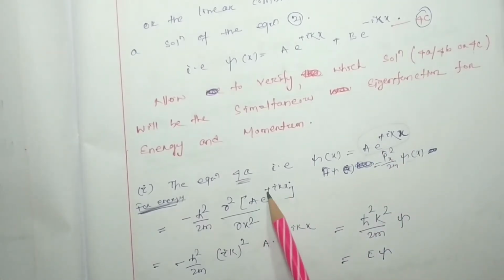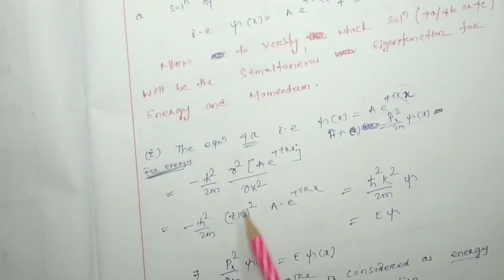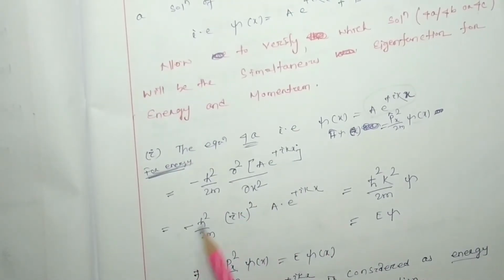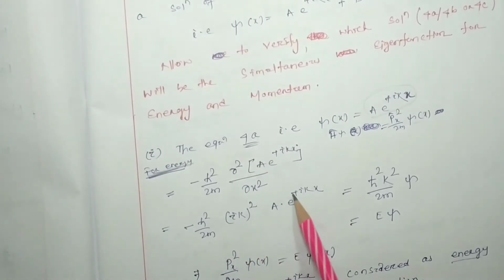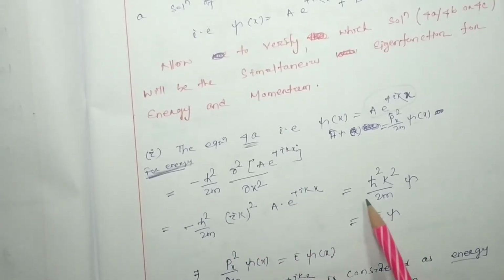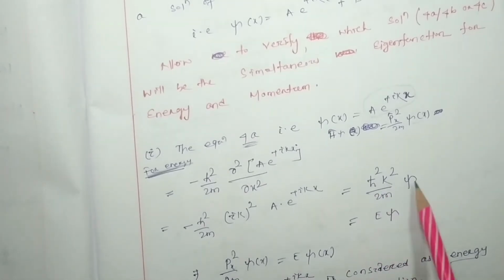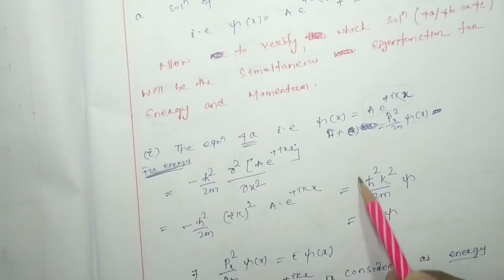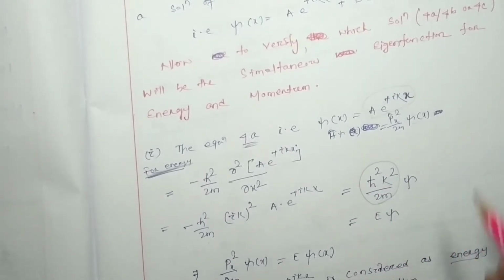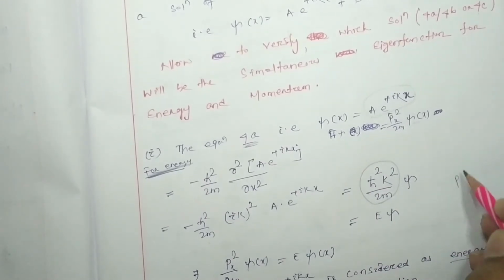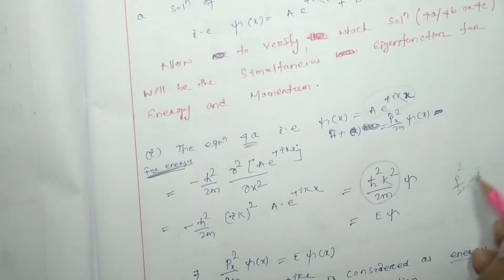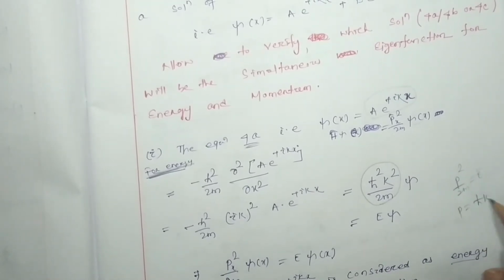So a e to the plus ikx. We find minus h cross square by 2m, so ik square a e to the plus ikx, that we found h cross square k square by 2m psi, and this is the dimension of E. We know that p square by 2m is nothing but E, and p is nothing but h cross k, right?